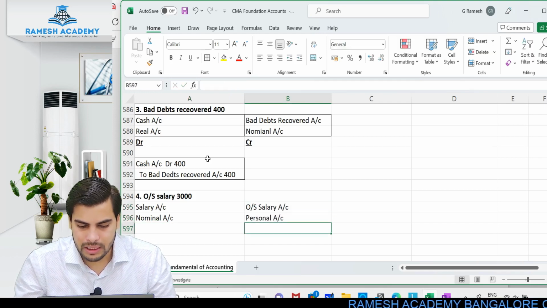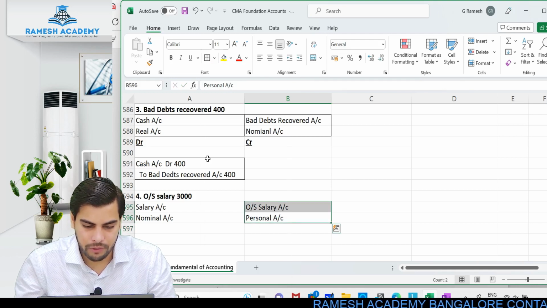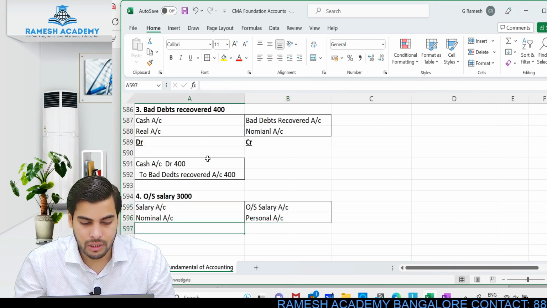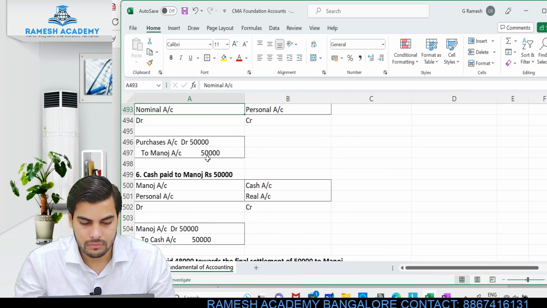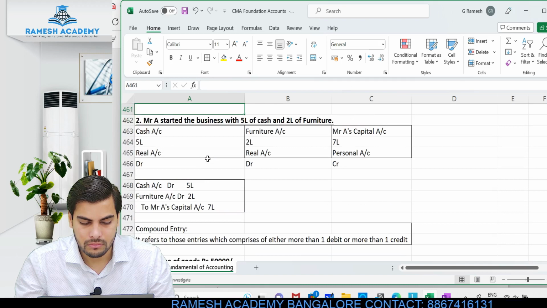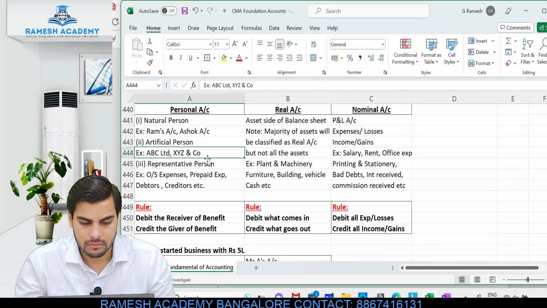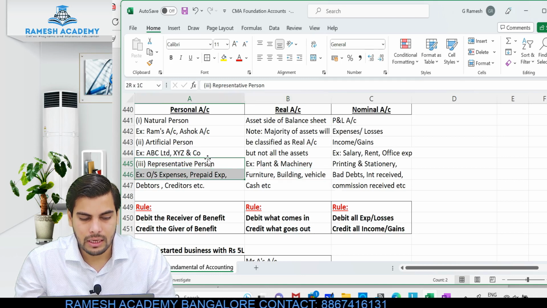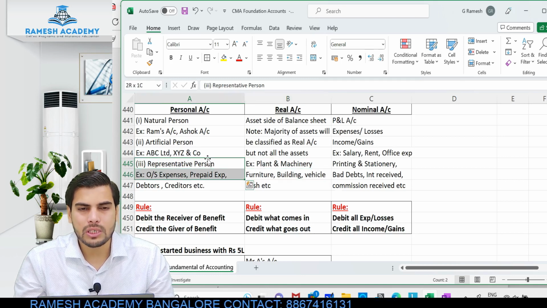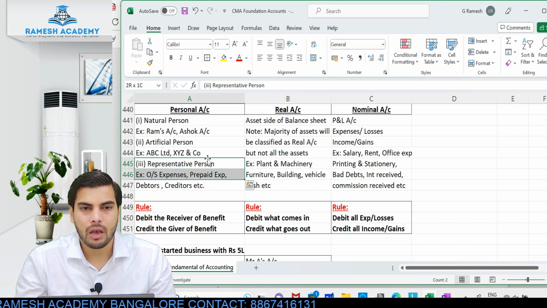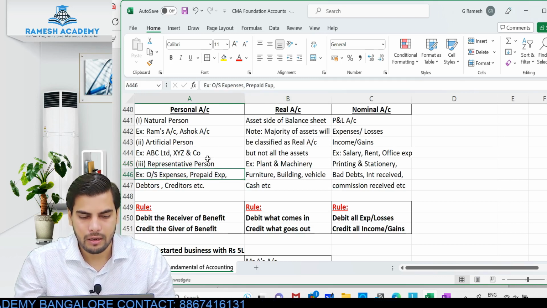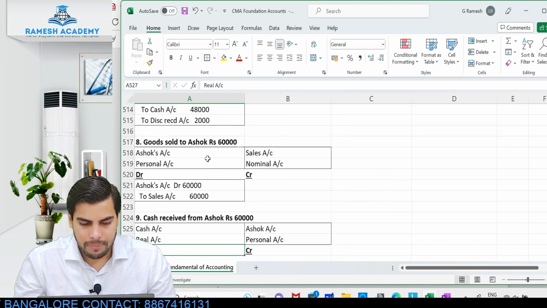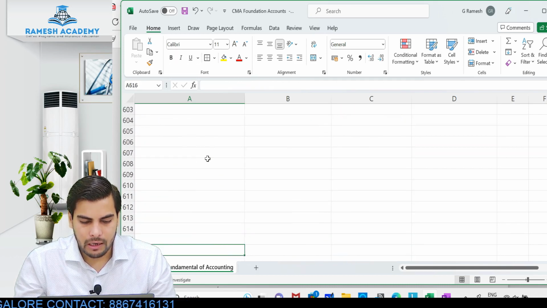To be more precise, this would be a representative personal account. Any outstanding expenses and prepaid expenses will be forming part of your representative personal account. Clear? Okay, let us just apply the rule of the nominal account and personal account.